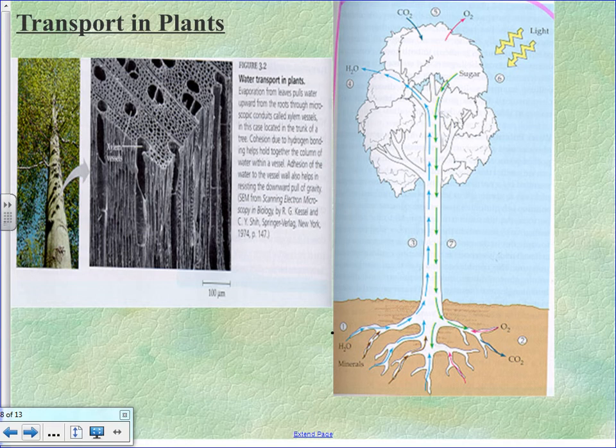It's sort of like a siphon, but the way that we get the pressure isn't the same as a siphon. Yeah, you're on the right track here. It has to do with what happens when water evaporates. It creates sort of a siphon effect, but it's an osmotic siphon. So we're using osmosis here.